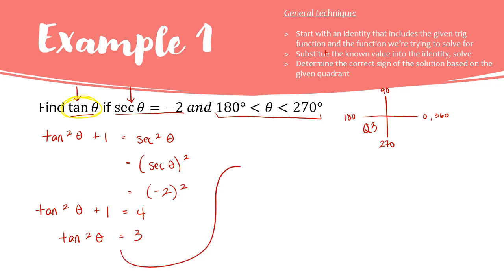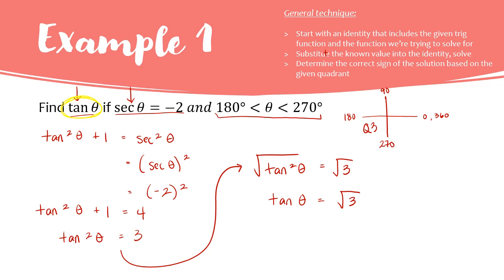The square root of tangent squared is equal to the square root of 3. So that means our tangent of theta is going to be equal to the square root of 3.